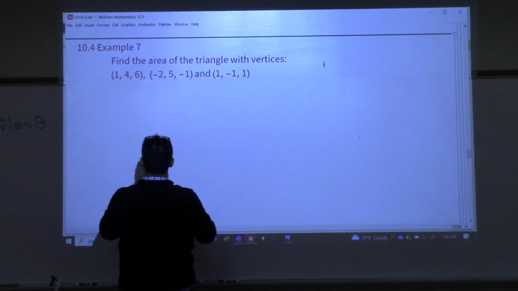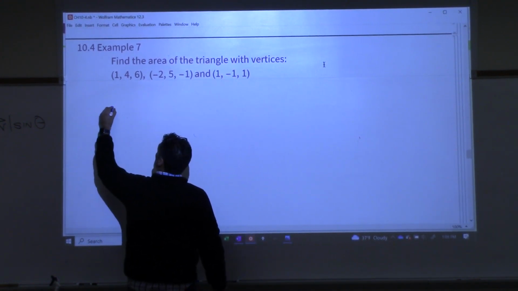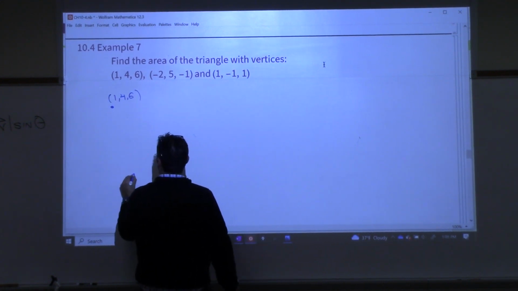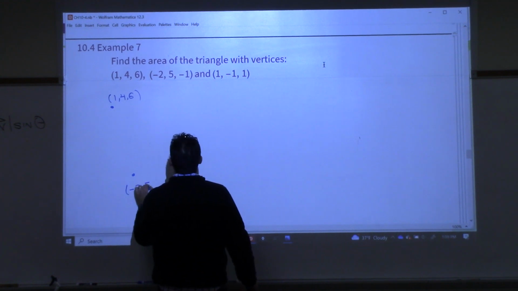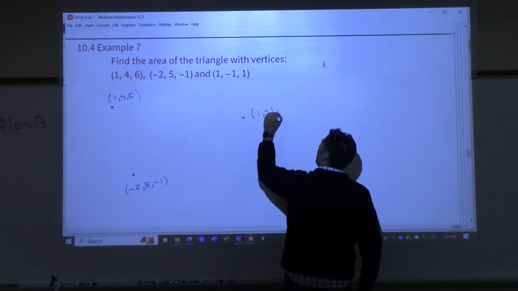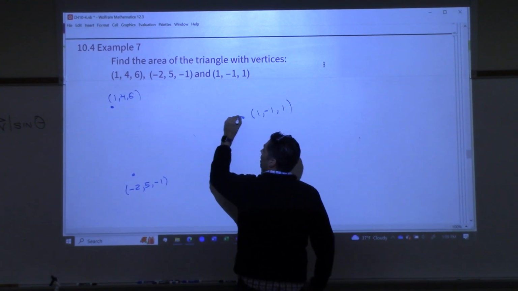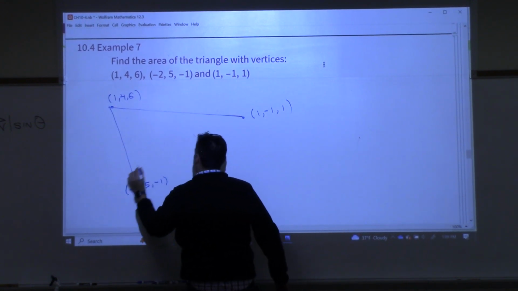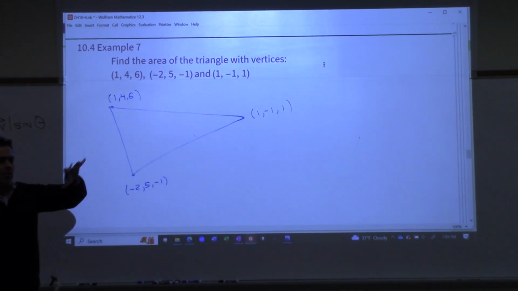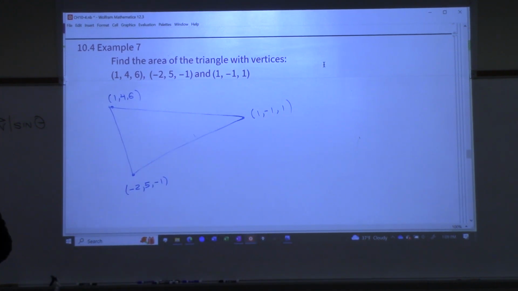So here's my first point, 1, 4, 6. My next point, -2, 5, -1. And my third point, 1, -1, 1. And I have a triangle like this, sitting in space. What we want to know is, what is the area of that?